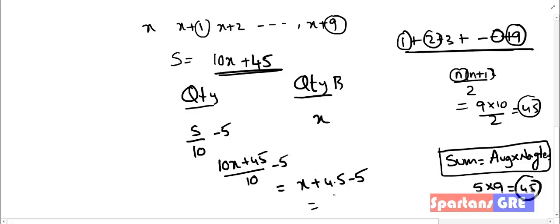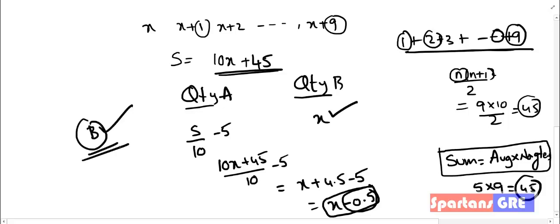So this will be x minus 0.5. Here also you are subtracting something from x, so obviously quantity B is greater than quantity A. So your answer will be B.